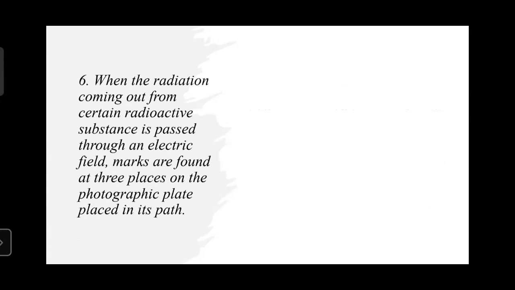Next question. When the radiation coming out from certain radioactive substances is passed through an electric field, marks are found at three places on the photographic plate, which is placed in its path. Answer.